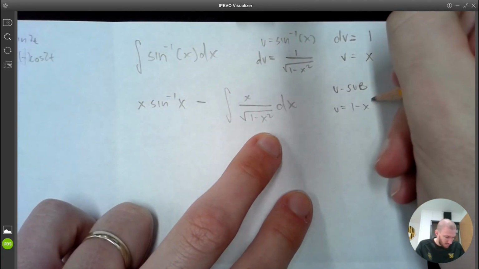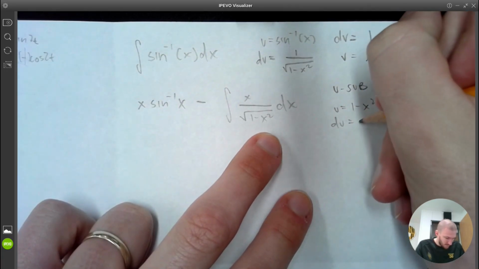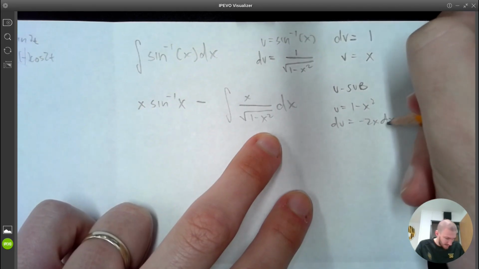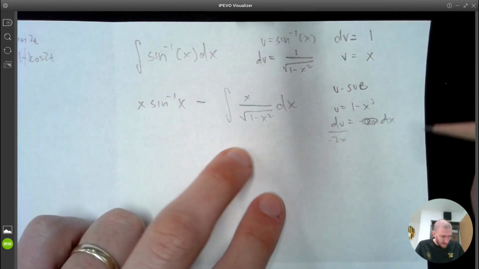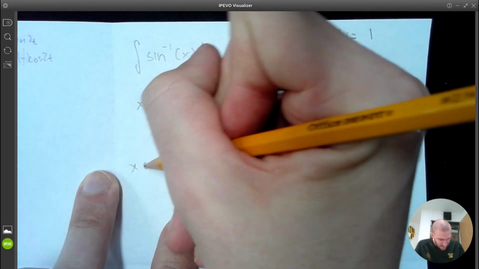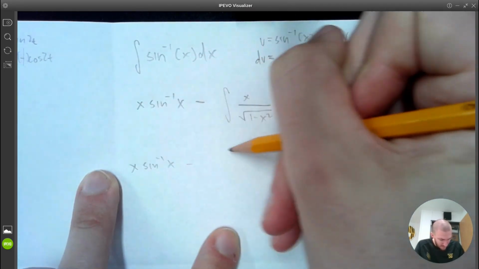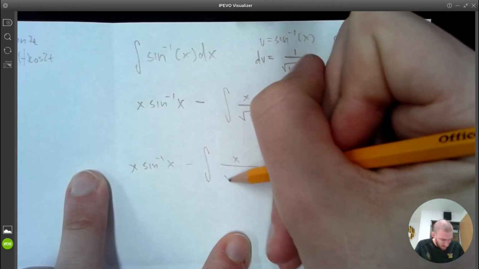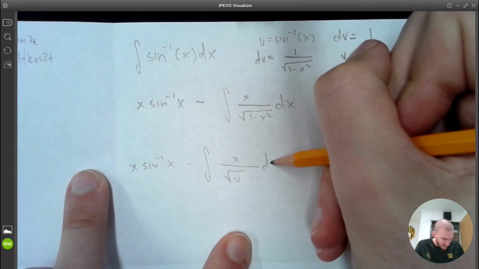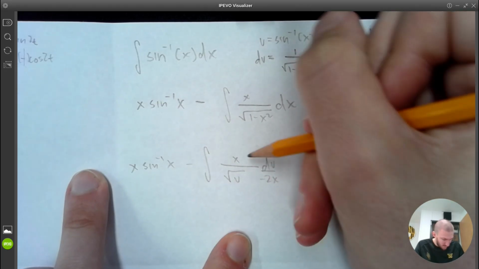u is equal to 1 minus x squared, du is equal to negative 2x dx. And I'm going to divide that by the 2x. So then I'm going to have x arc sine of x minus the integral of x over the square root of u du over negative 2x.